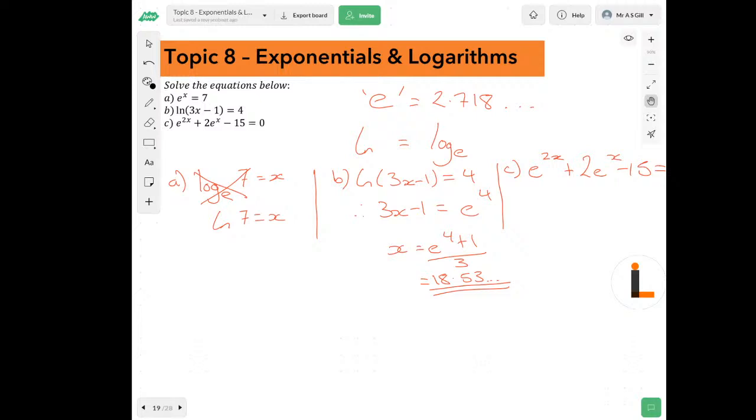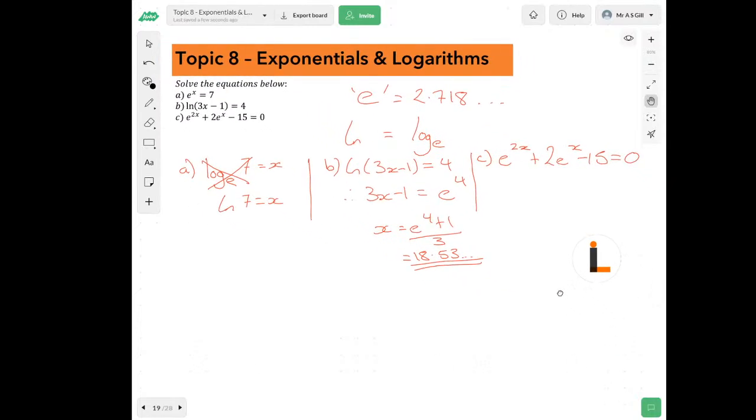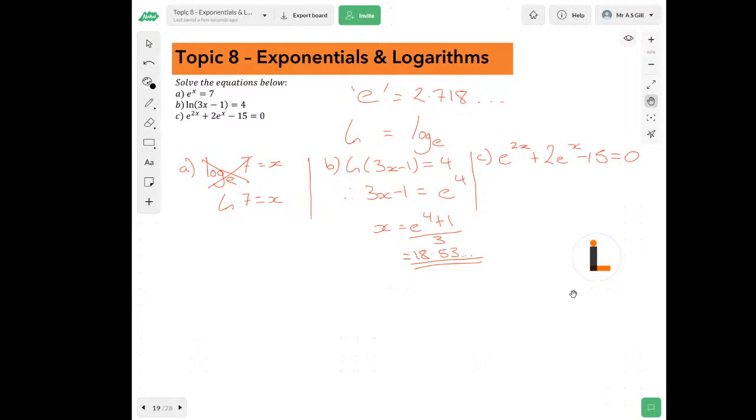So again, to solve this question, part C here, we want to say let e to the x equal y. This becomes y squared plus 2y minus 15 equals 0. Simple quadratic to solve.